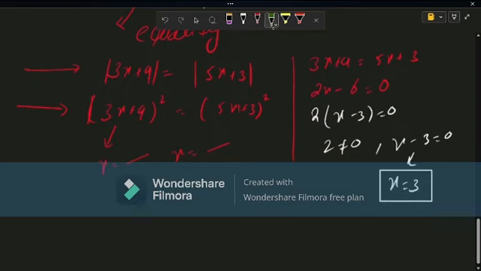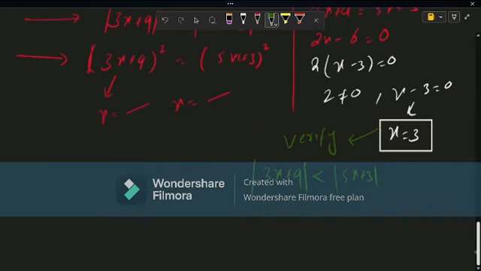So let's verify it. It gives you mod of 3x plus 9 is less than mod of 5x plus 3. This is my actual question that I have to verify. So let's plug back the value of x over here. So mod of 3 times 3 plus 9 is less than mod of 5 times 3 plus 3.